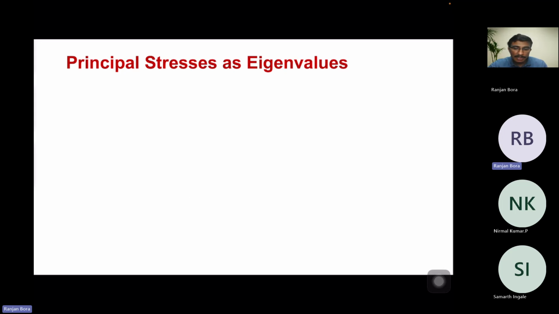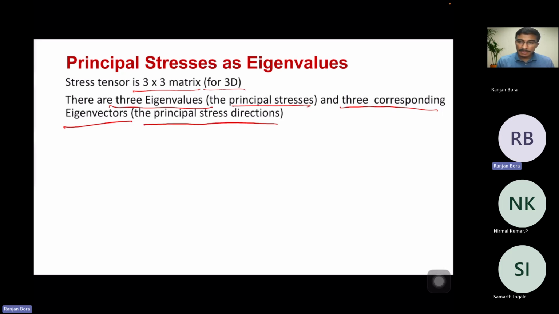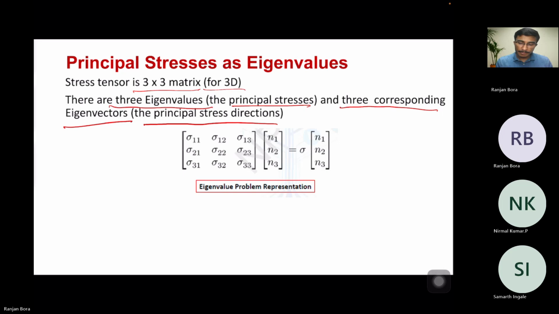Okay, now principal stresses as eigenvalues. So we know that stress is a tensor, and in 3 dimensions it is a 3x3 matrix, and for a 3x3 matrix there are 3 eigenvalues and 3 corresponding eigenvectors. These eigenvalues are the principal stresses, and the corresponding eigenvectors are the principal stress directions. This is the representation of the eigenvalue problem.